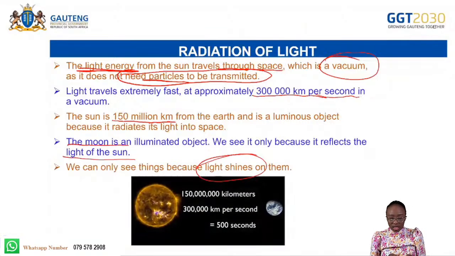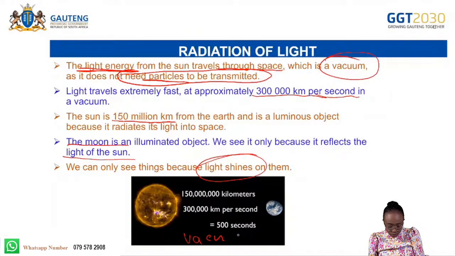So I've got a picture here just to further emphasize how far the sun is from us and how fast light from the sun reaches us. Between here, this is a vacuum.